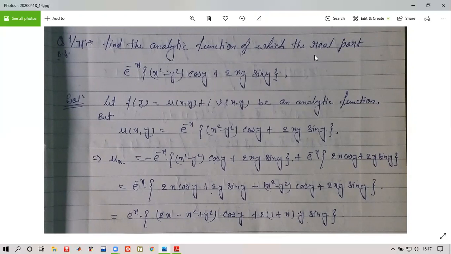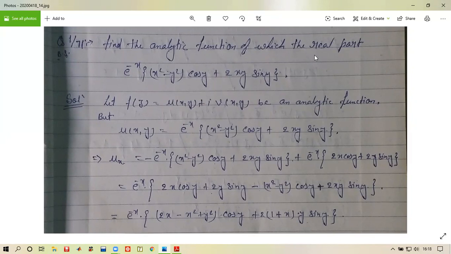That means if the real part is known, then we can construct the imaginary part as well as the analytic function, and if the imaginary part is known, then we can construct the real part of that function as well as the complex function itself.